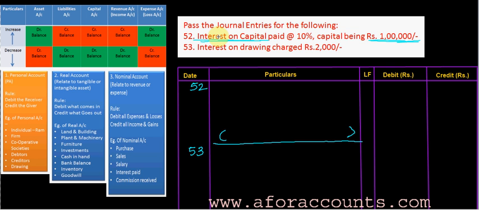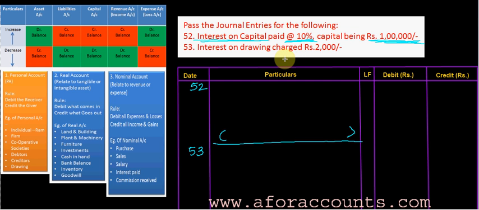So, for the opportunity that the 1 lakh is coming to your business, you need to pay some interest to the owner of the business, at the rate 10% here for example, and that is an expense for your business. You are paying interest on capital to the owner of the business.